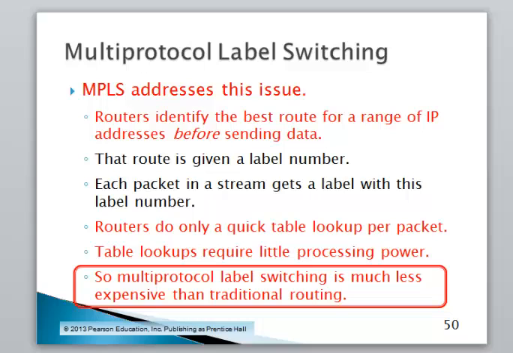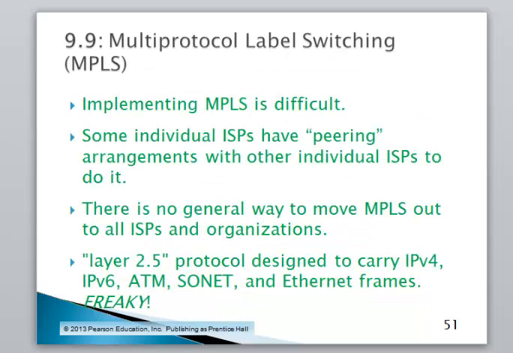Not everybody uses MPLS yet. I kind of grew up using frame relay, but I know a lot of companies are replacing frame relay for their WAN connections with MPLS. So this is a kind of hybrid protocol. It's mostly a wide area networking protocol. This is what ISPs are using to exchange information with each other.